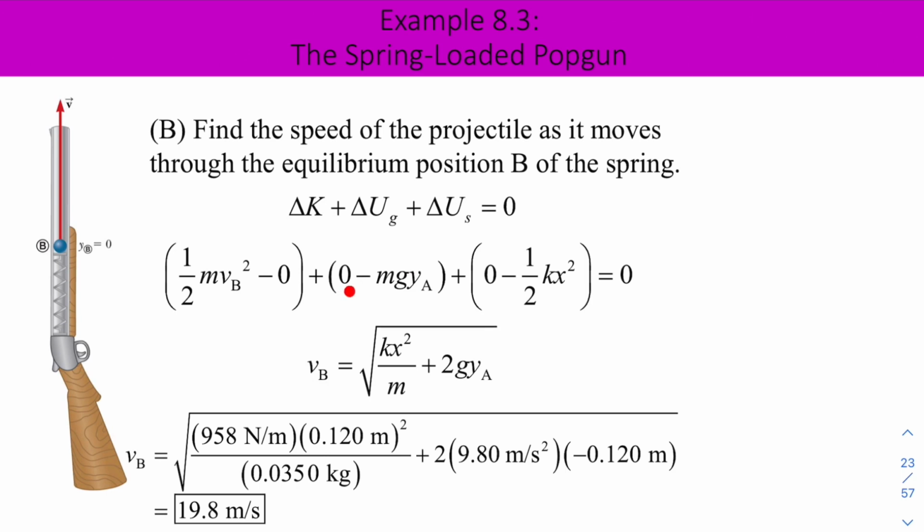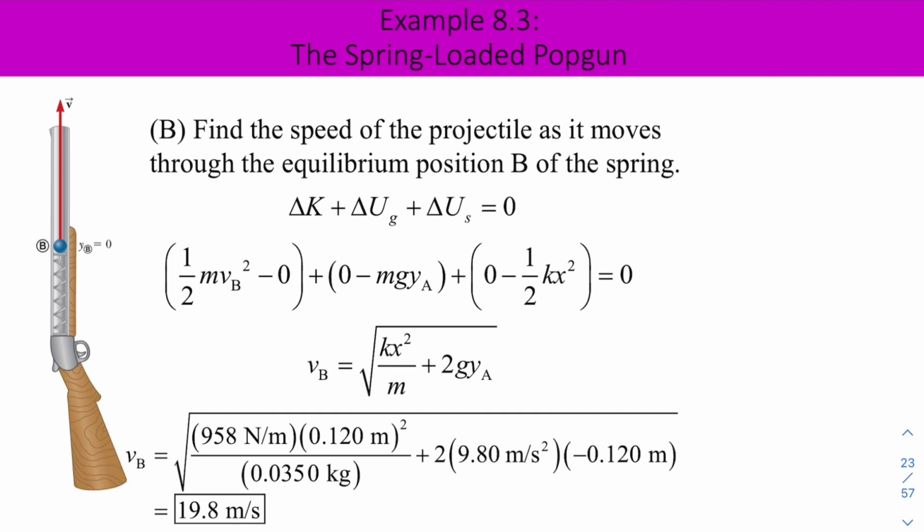This is not 0. This one, y_B, is 0, that is why this value becomes 0. Plus potential energy spring final, finally there is no compression, so it's 0, minus the potential energy spring initial, which is half kx squared, the compression.